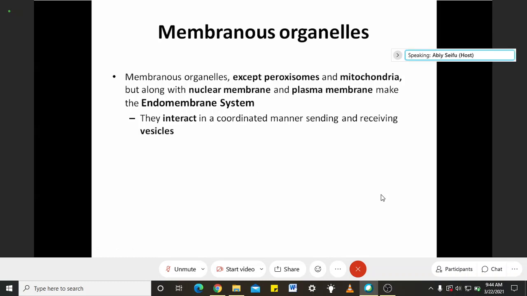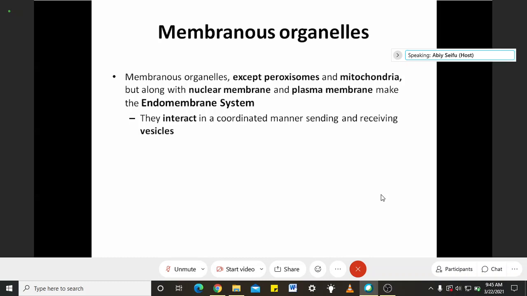They interact not only with each other, they are also interacting with the nucleus. For example, the instruction for production of protein by the rough endoplasmic reticulum comes from the nucleus. And the outer nuclear membrane is in continuity with the membrane of the rough endoplasmic reticulum. So the nucleus also interacts with them. Not only this, the vesicles they produce would ultimately be interacting with the plasma membrane.